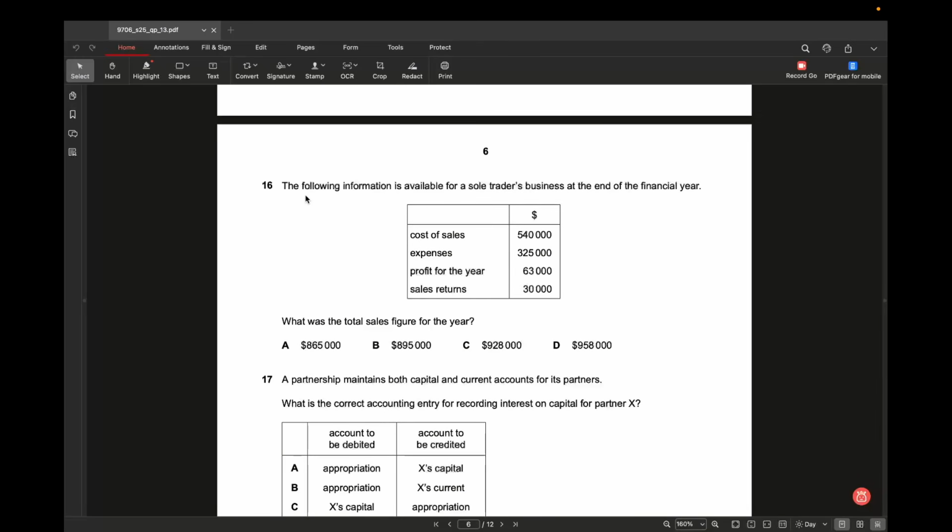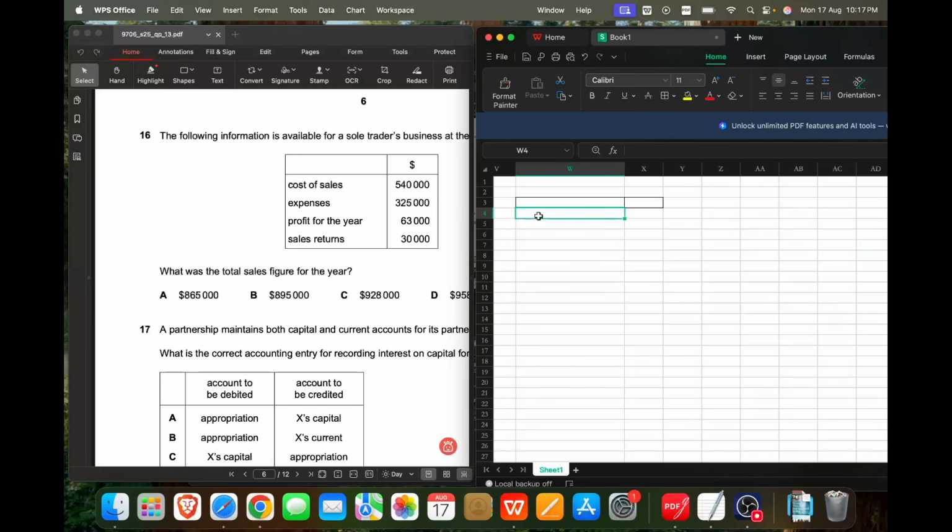16th, the following information is available for a sole trader's business at the end of the financial year: cost of sales, expenses, profit for the year, sales return. What was the total sales figure for the year? So we normally have sales. Okay, and from these sales we'll subtract less return.